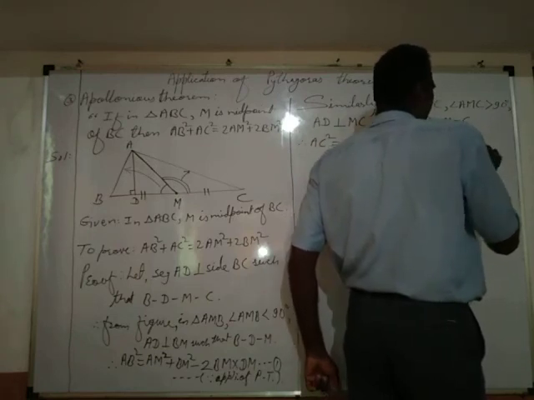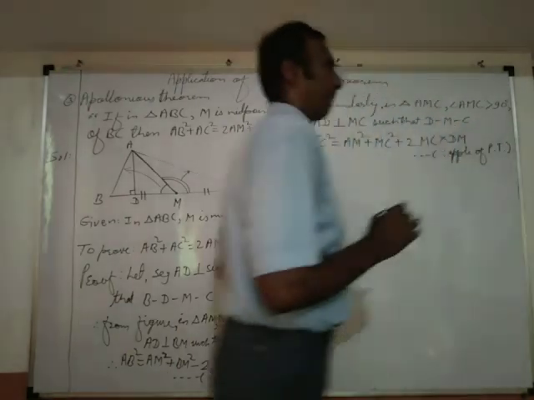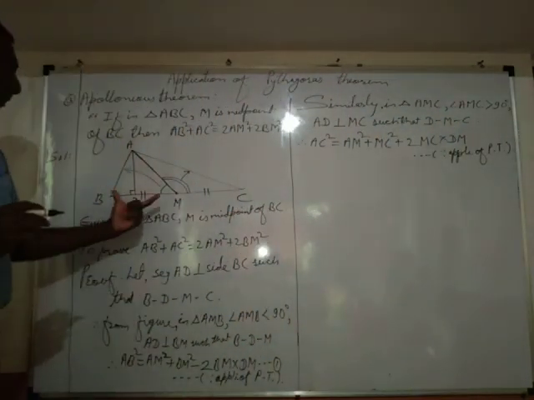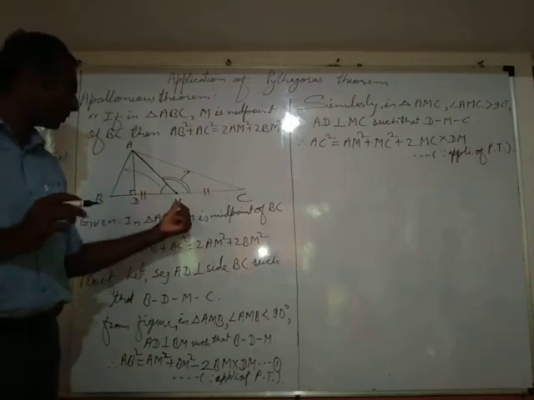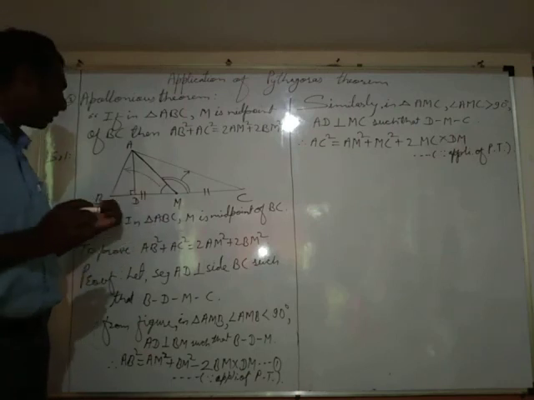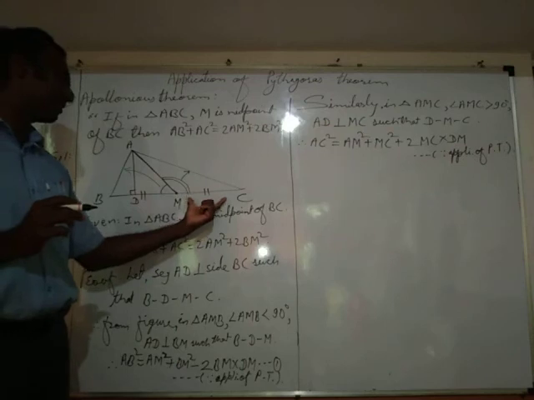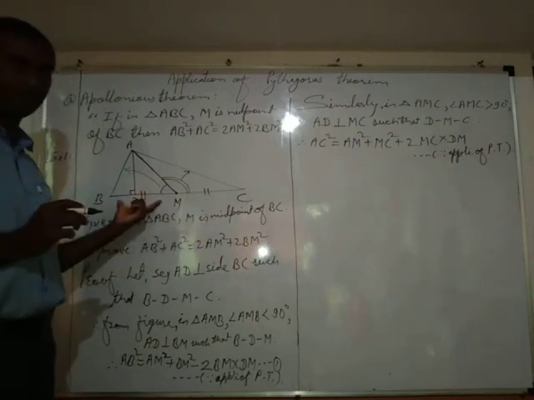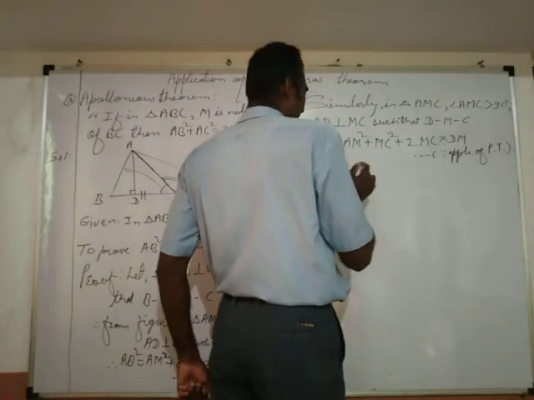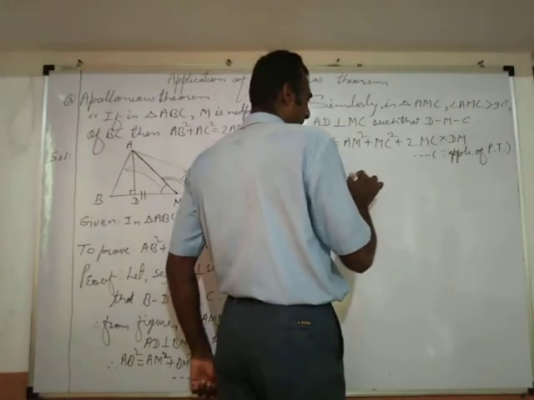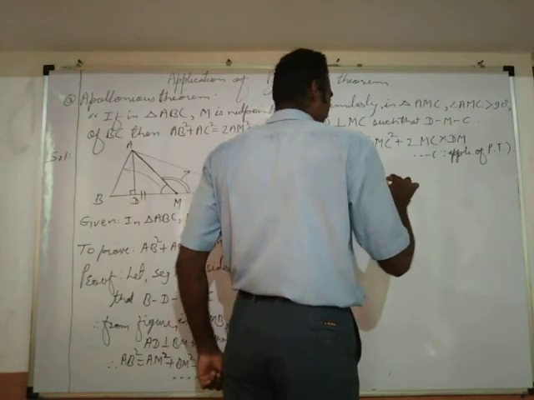Since application of Pythagoras theorem, now BM and MC are equal because M is midpoint of BC. That's why we may replace MC as BM. Okay, let's replace MC as BM, keeping the rest of the terms as they are, AM square as it is, but MC we are going to write as BM.